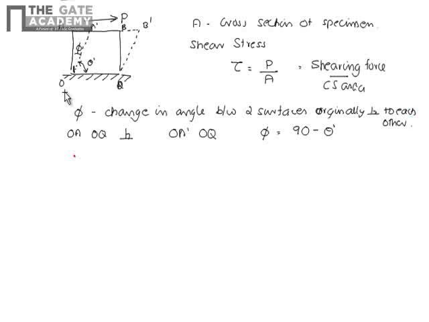Is that clear? That is phi. This angle phi is the change in angle between this surface and this surface, which were originally perpendicular to each other. And the tangent of this angle, tan phi, is called the shear strain.